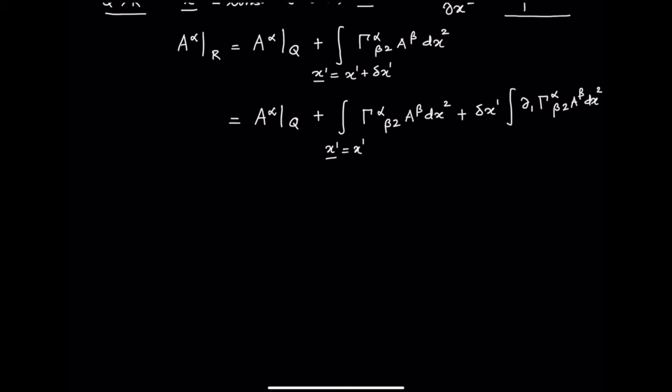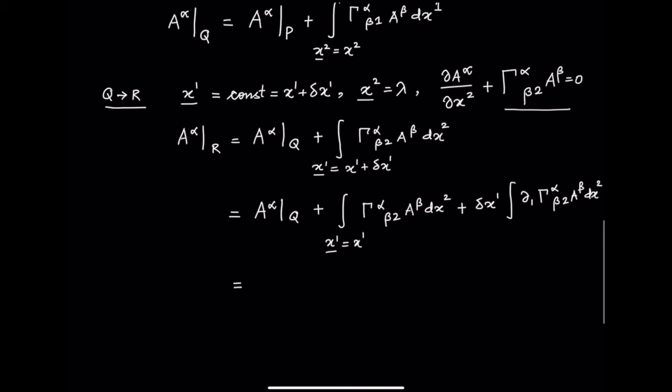And as you can imagine, A alpha R, now I can write in terms of A alpha Q, because A alpha Q I can replace from this. So I can write this in terms of A alpha P, which is the original components of the vector.